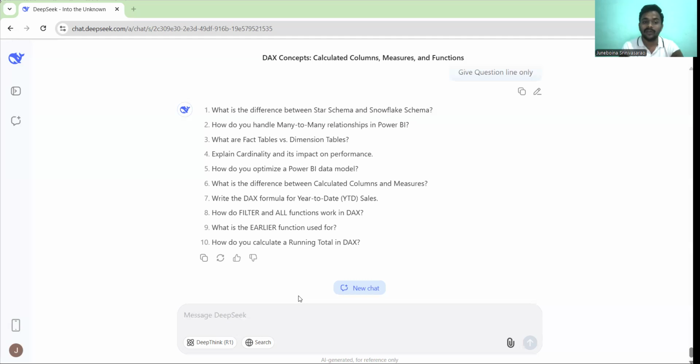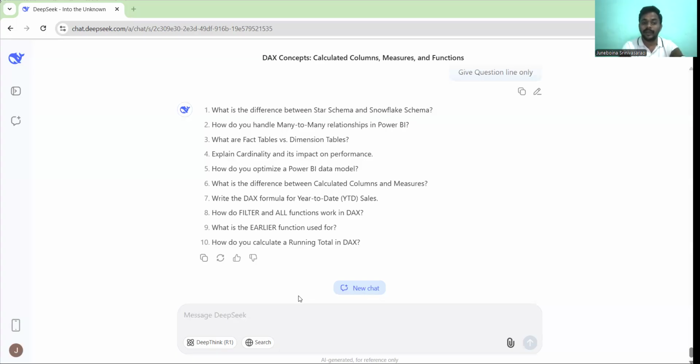What is the EARLIER function used for? EARLIER function is used in row context to get the previous value of the row. By using this EARLIER function, we get the previous values in a row.